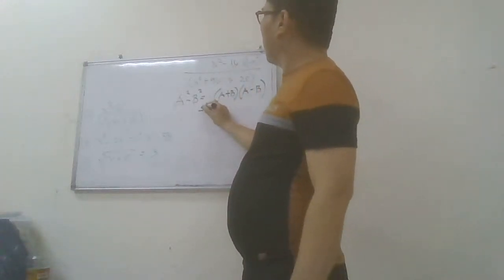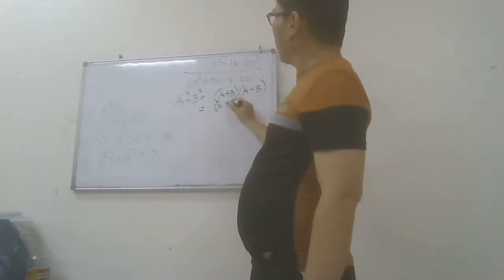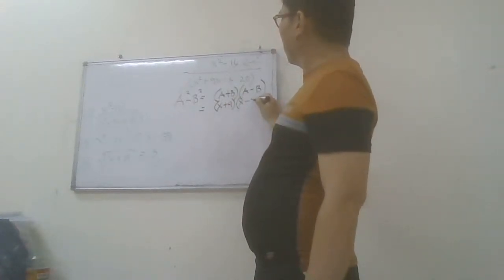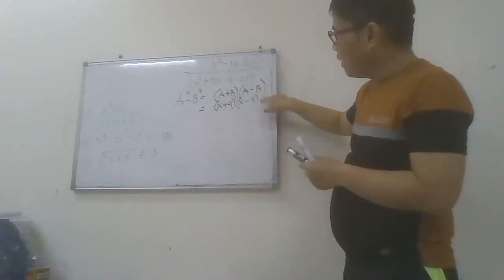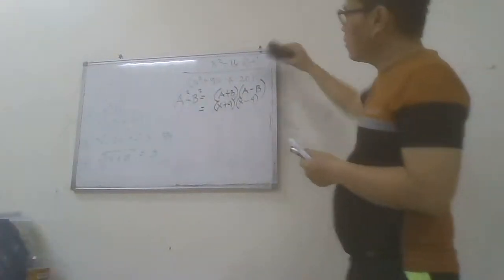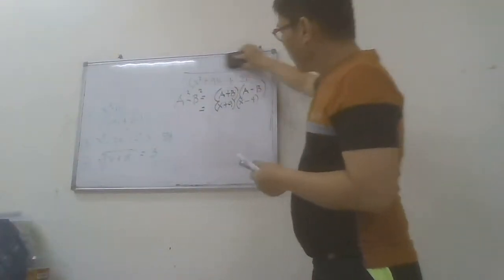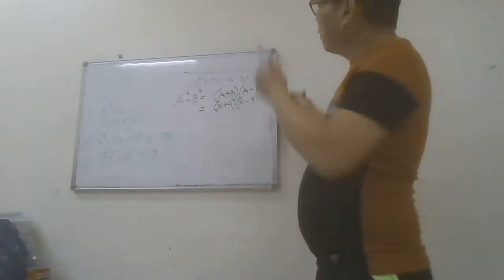So this is going to be x plus 4 and x minus 4. This is now our numerator in place of this. So let's erase this one and put this x plus 4 and x minus 4 in the numerator.